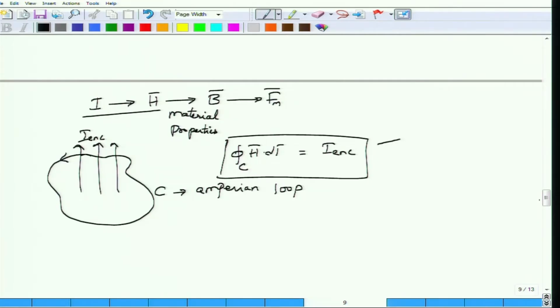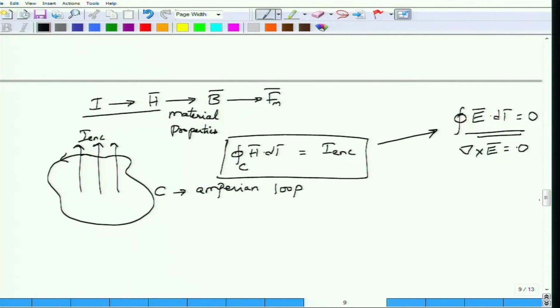You should immediately contrast this with the line integral of the E field over a closed path. This was equal to 0, and because this was equal to 0, we also had this relation of curl E is equal to 0.